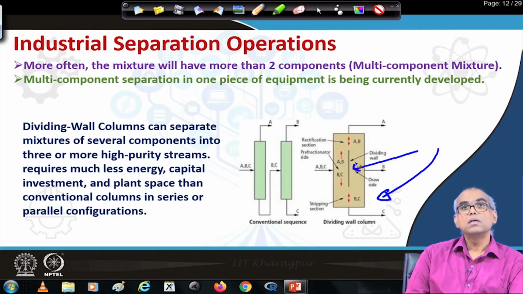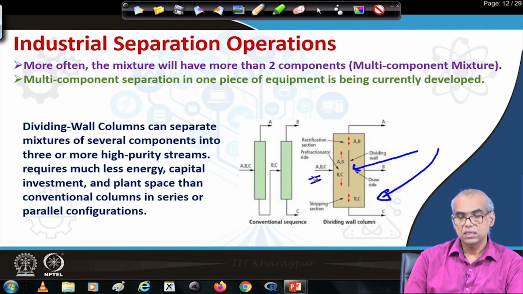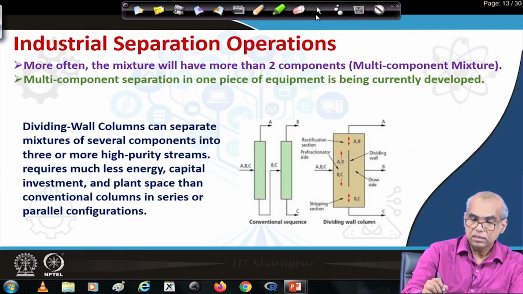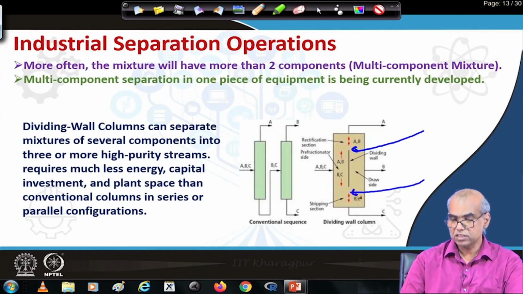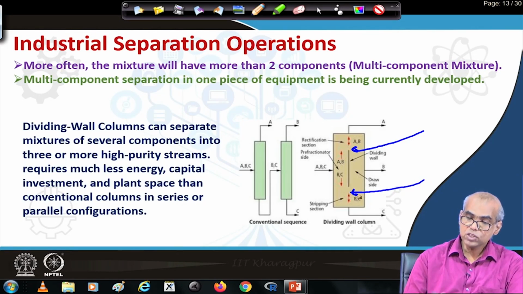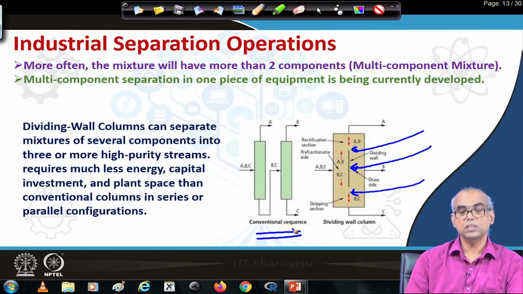Now, this dividing wall column, which is a special type of distillation column, can be used to separate a 3 component mixture of A, B and C into 3 different streams A, B and C. If you look at the divided wall column, you see the rectification section handles the separation of A and B, and the stripping section handles the separation of B and C. So, the presence of this dividing wall effectively performs the job of 2 conventional distillation columns.